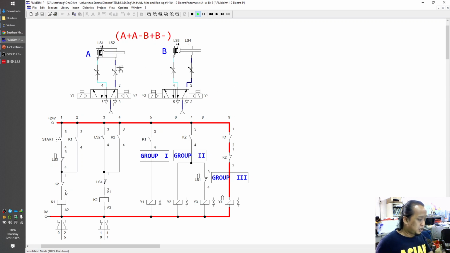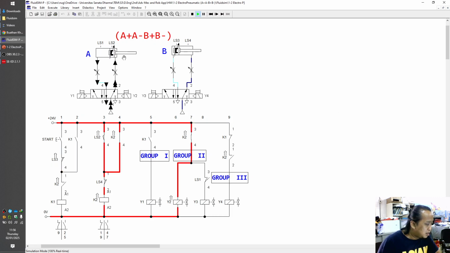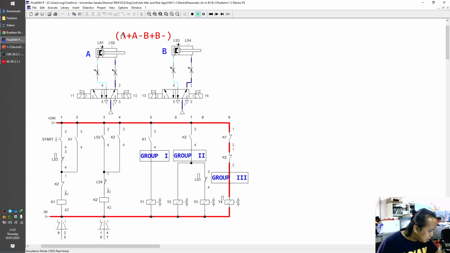This is the initial position. After I push the start, cylinder A moves forward and retracts, B moves forward and then retracts. So using this diagram, we can make the signal flow A plus, A minus, B plus, and B minus work.